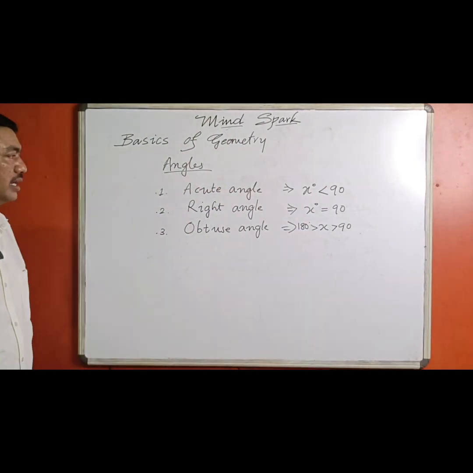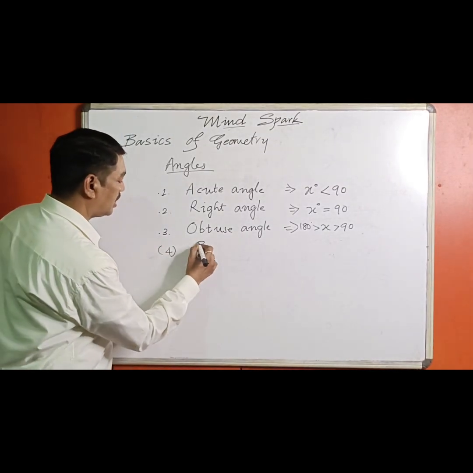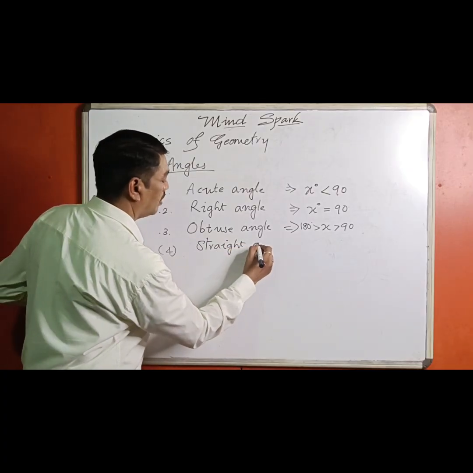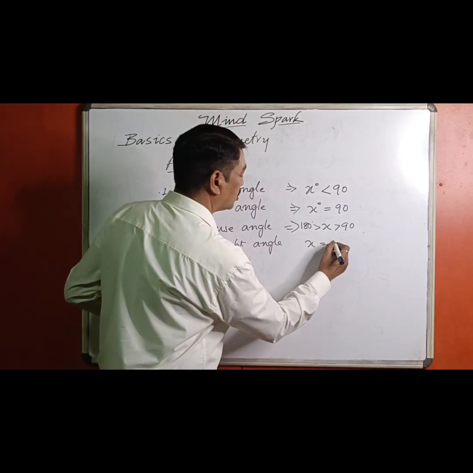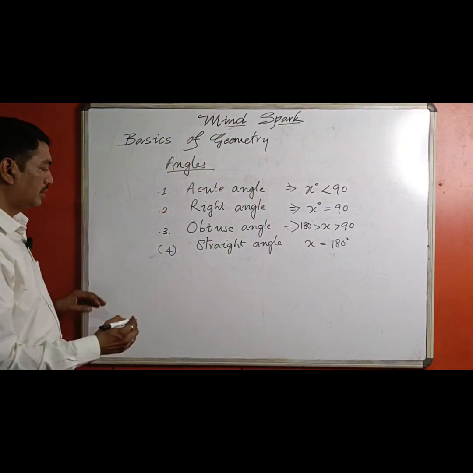Greater than 90 and less than 180. This is the obtuse angle. Next comes the straight angle. A straight angle should be 180 degrees.